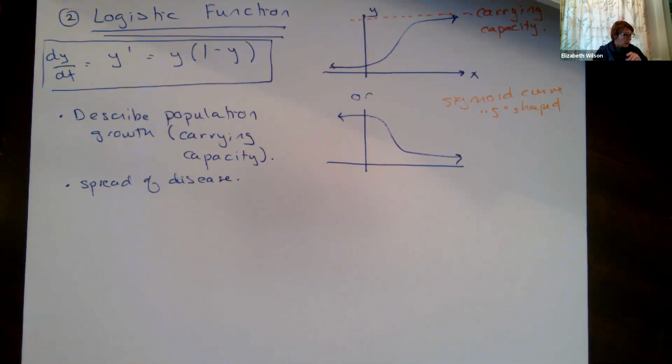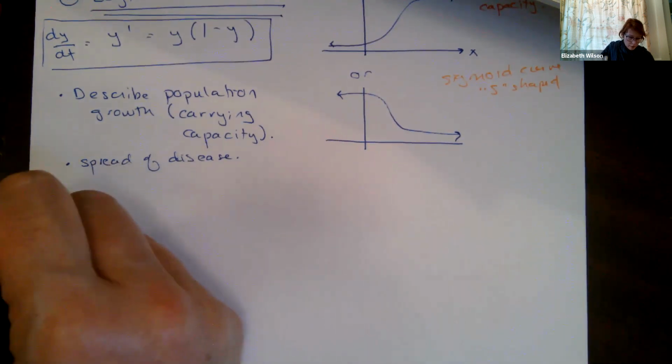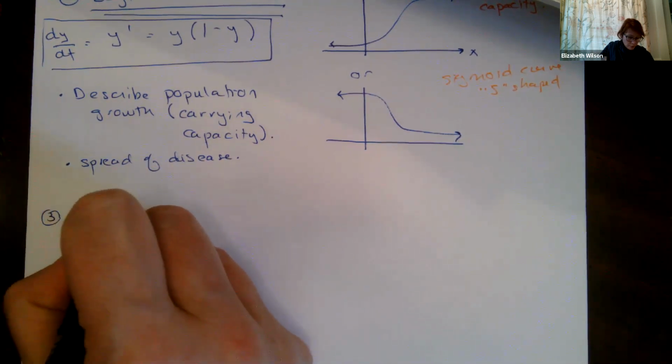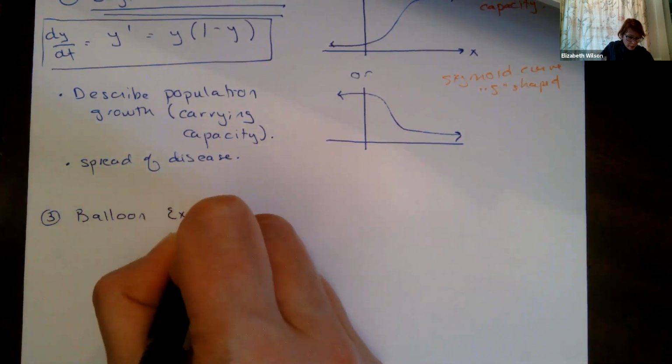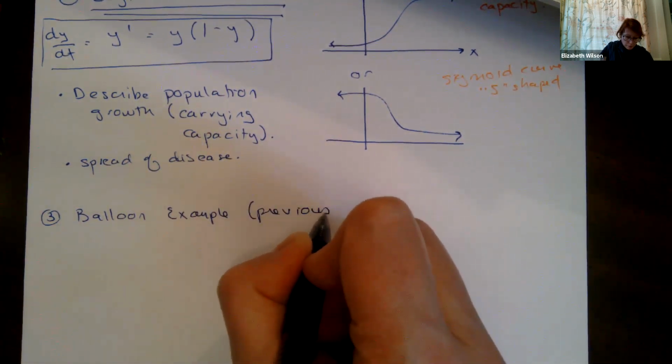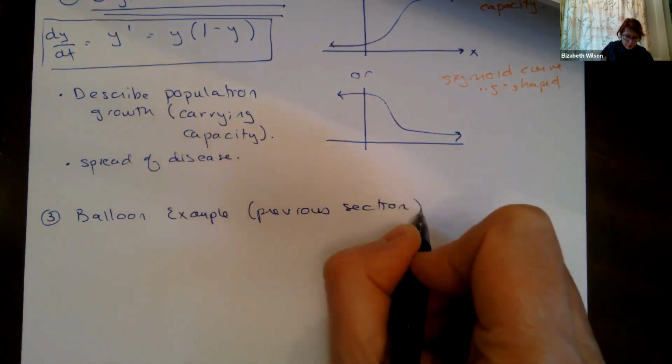Let's see, we have also, I'll write this down too. This is an example we'll do like this too. This is called a balloon. We're actually going to do this example out from the previous section where we have related rates.